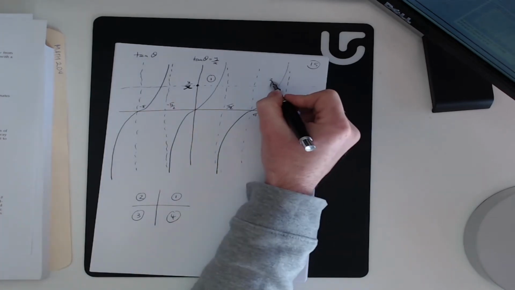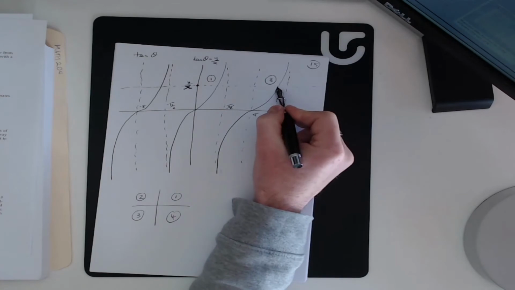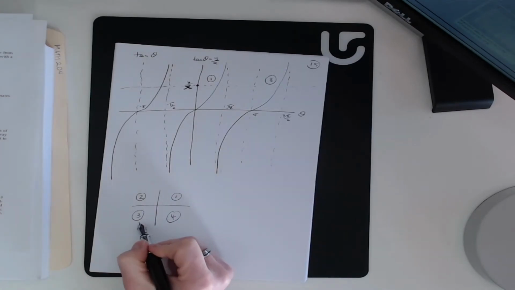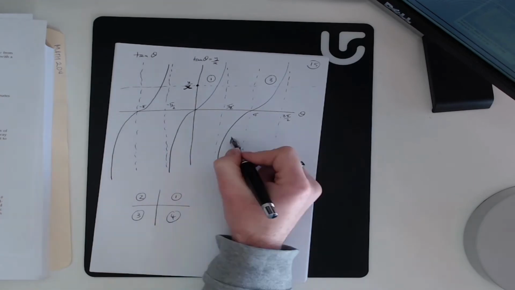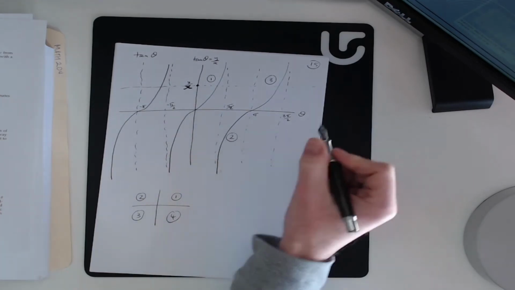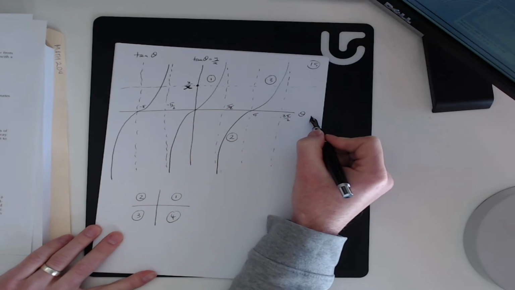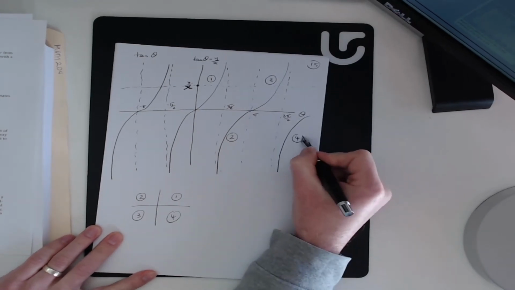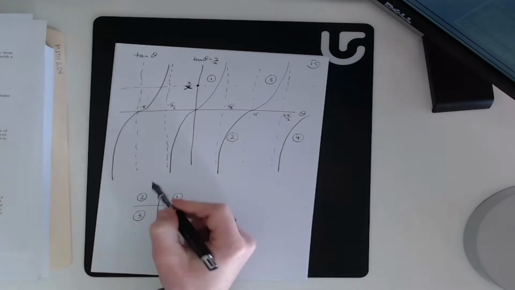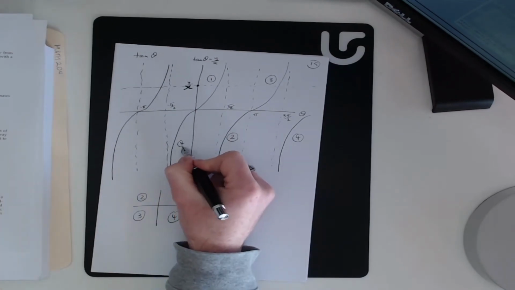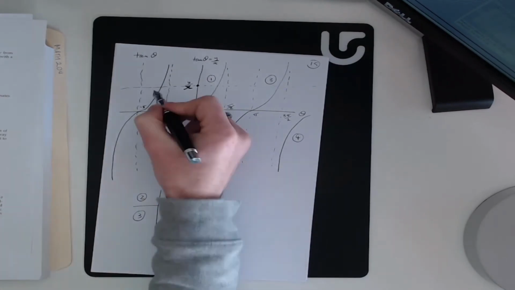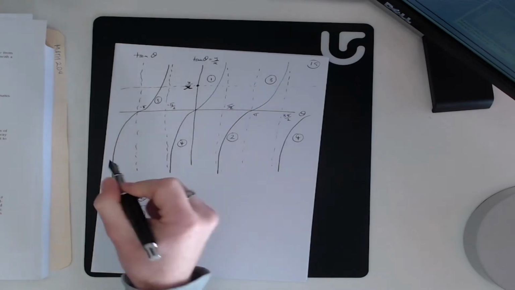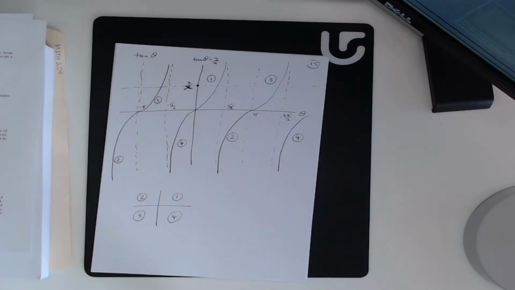And values of theta that lie in this intersection here correspond to angles of theta in quadrant 3. This is quadrant 2, and this bit over here that's missing is quadrant 4. And you can work backwards, right? So this is quadrant 4 as well. This is quadrant 3. This is quadrant 2.